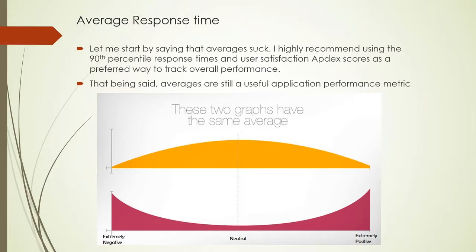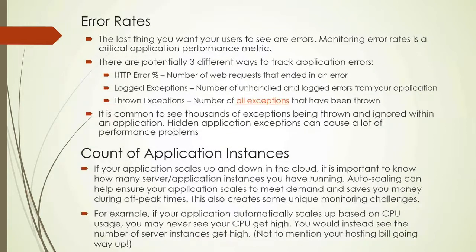Okay. Then we also saw the error rates and the count of application instances. So why are error rates important? We also discussed how error rates are segregated between the HTTP error percentage, logged exceptions, and thrown exceptions. I've also given you an example of how the number of exceptions can have an adverse effect on your application.